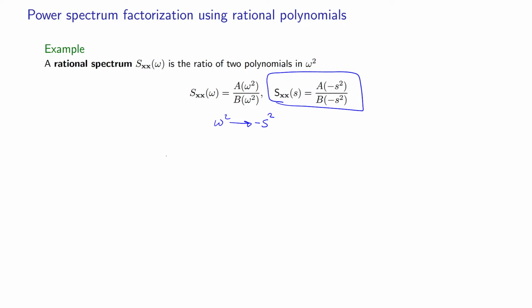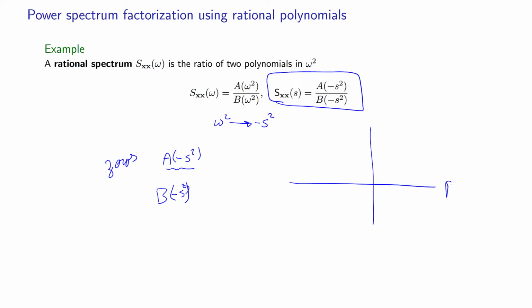So zeros of A of minus S squared are the locations for which this function is 0, and zeros of B of minus S squared are those values of S in the complex domain. So this is, let's say, real part of S, and this is imaginary part of S. For a number of points, A is 0.